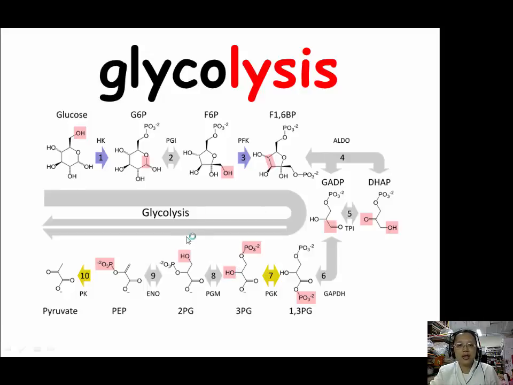Glycolysis uses NAD as the electron acceptor, and the NAD will be delivered to mitochondria to join the mitochondrial respiration process, meaning the electron transport chain, to generate more ATP.